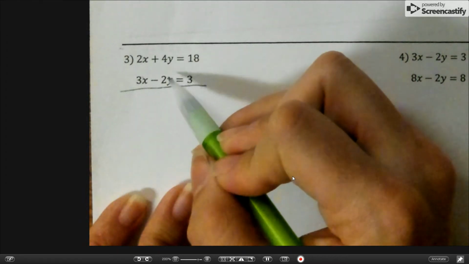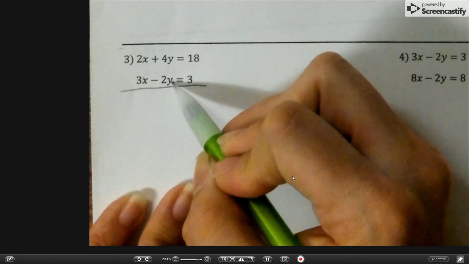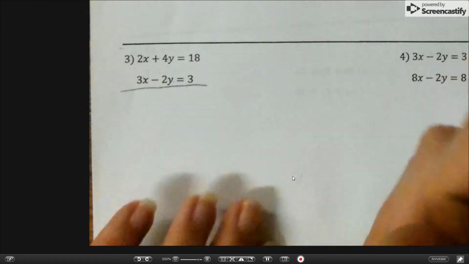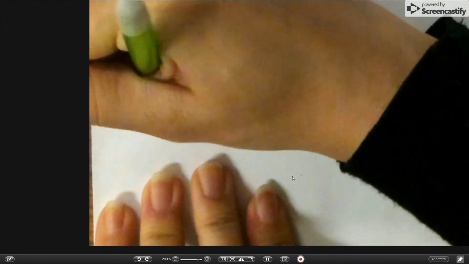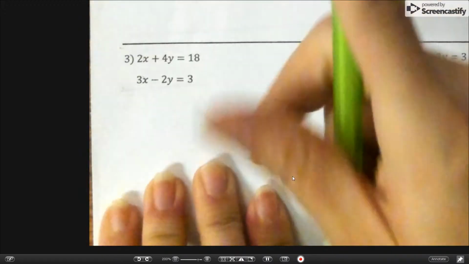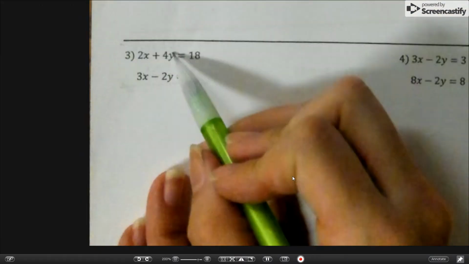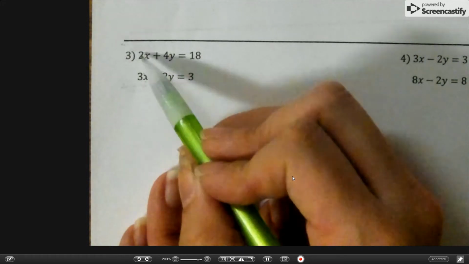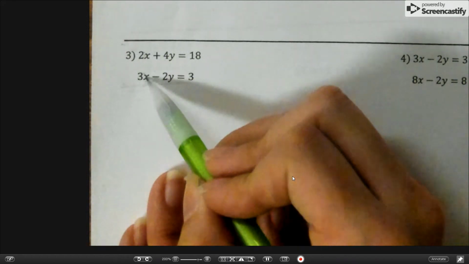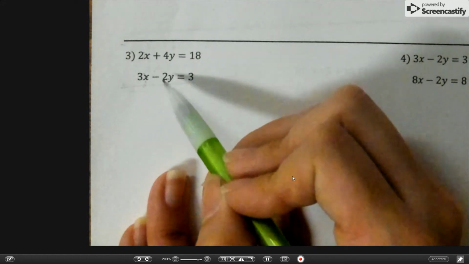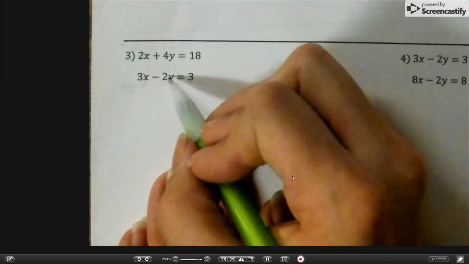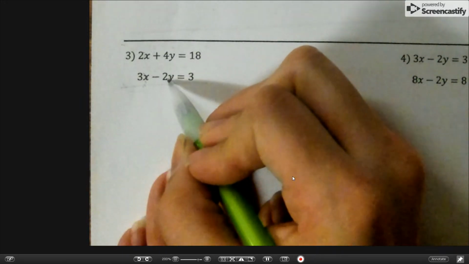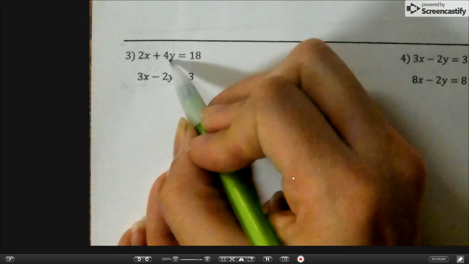And if we add 4y and negative 2y, that won't equal 0 either. So we actually need to multiply by a number that will make either these two numbers the same number but with the opposite sign, or these two numbers. And I know just by looking at these that if you multiply 2 by 2, then you get 4.